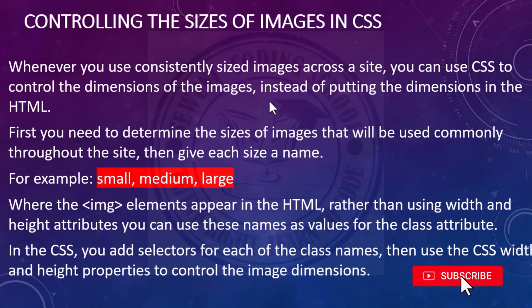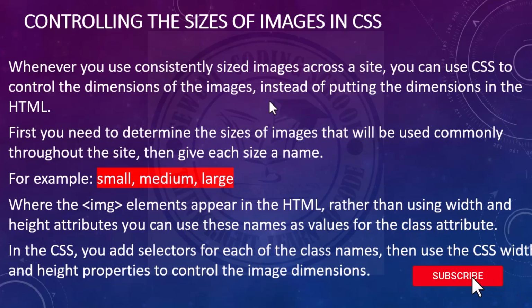You can name some images small, others medium, others large, and then specify which dimension constitutes the small image, which can be called the medium, and which can be called the large. Where the image elements appear in the HTML, rather than using width and height attributes, you can use these names as values for the class attribute.